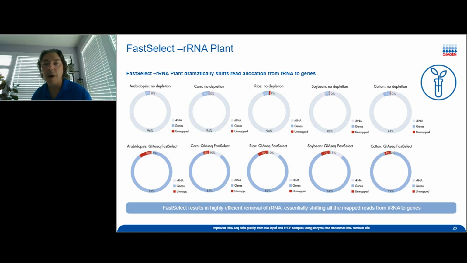The plant product was also designed as a pan-plant product. We know it works on most of the commonly used model species in the laboratory and a lot of the commercial crops, and we've also built some custom FastSelect for particular things, around some algae situations and around citrus fruit currently.